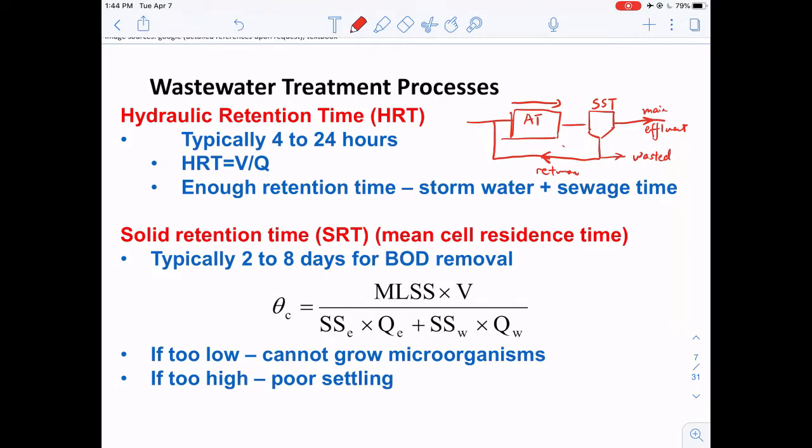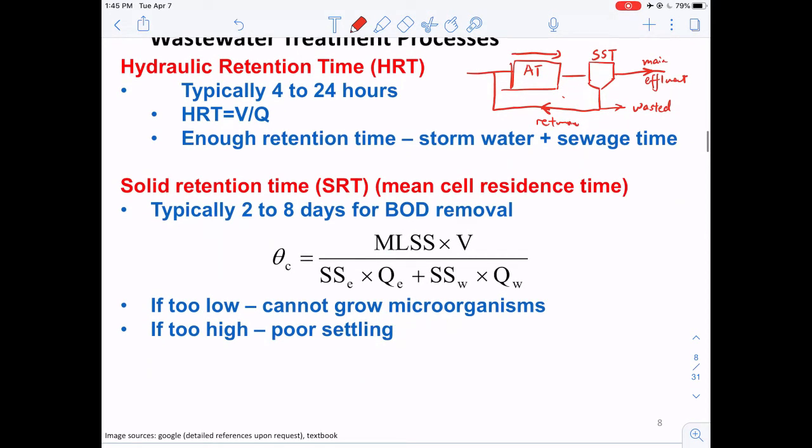It is also quite easy to calculate this retention time, which is just the volume of the aeration tank divided by the total flow rate of the effluent.